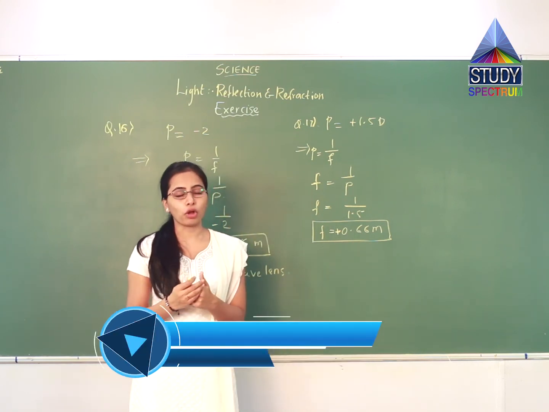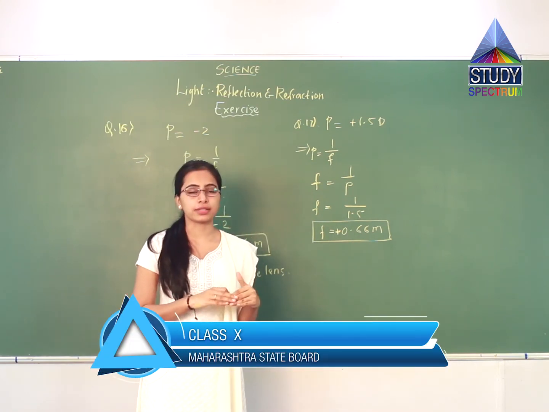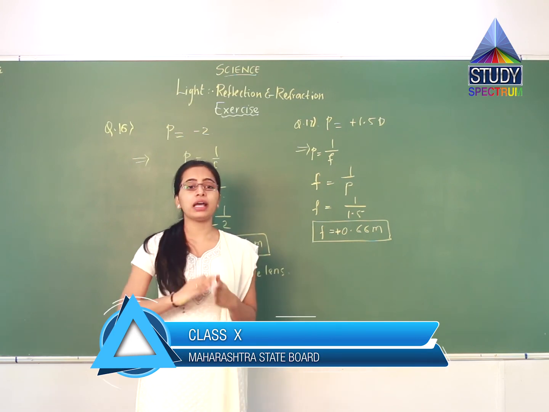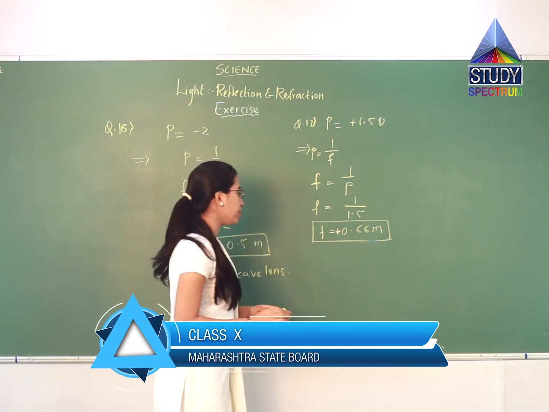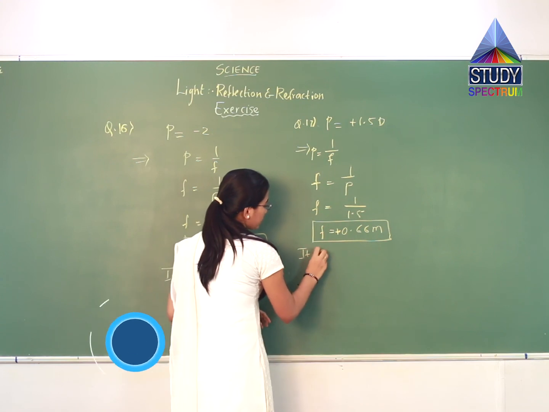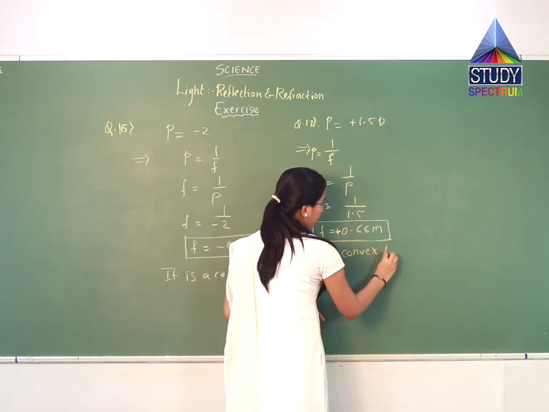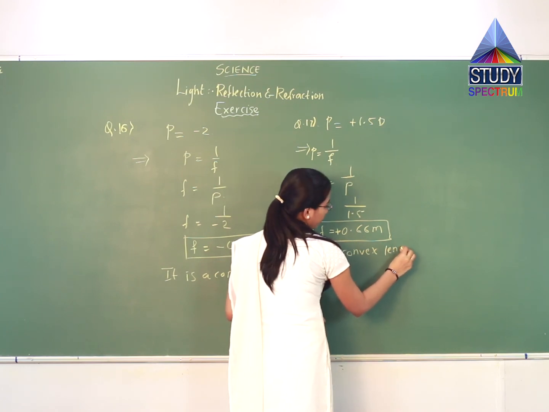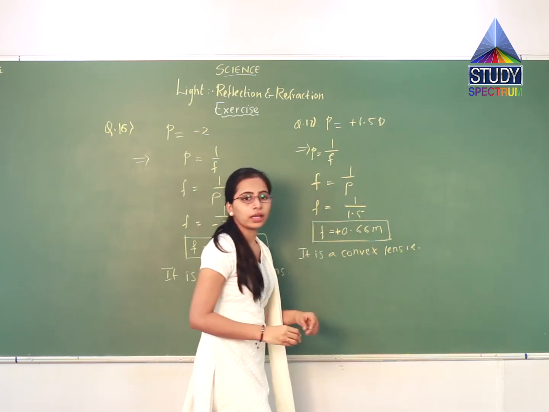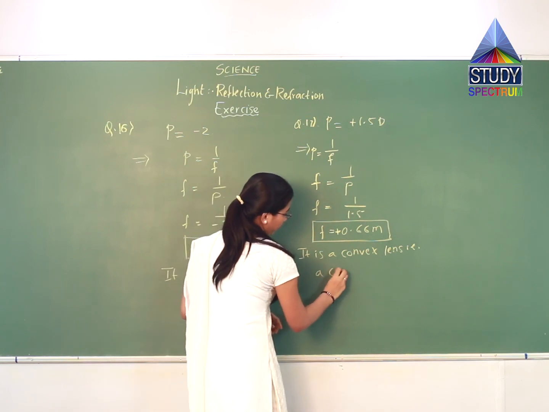And convex lenses are converging lenses and the concave lenses are diverging lenses. So that's why we will write, it is a convex lens, that is a converging lens.